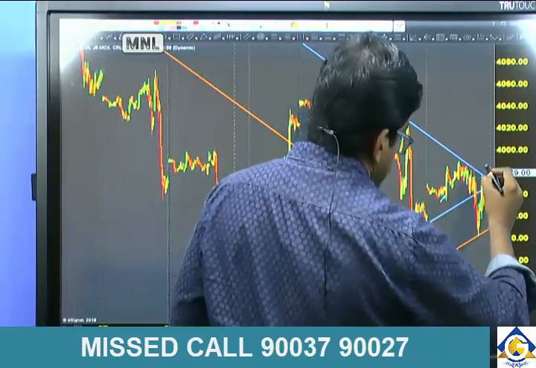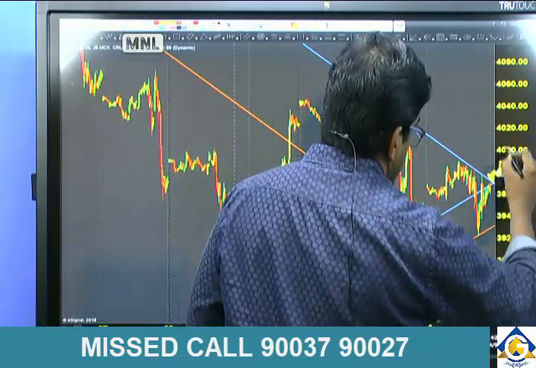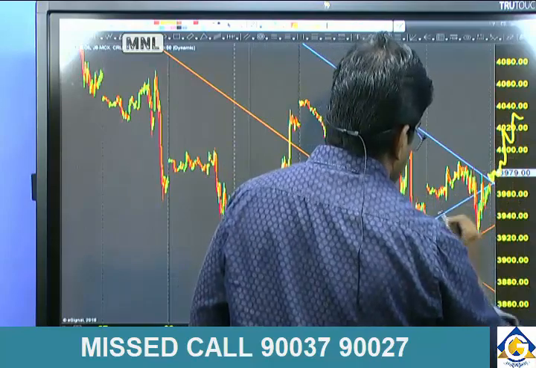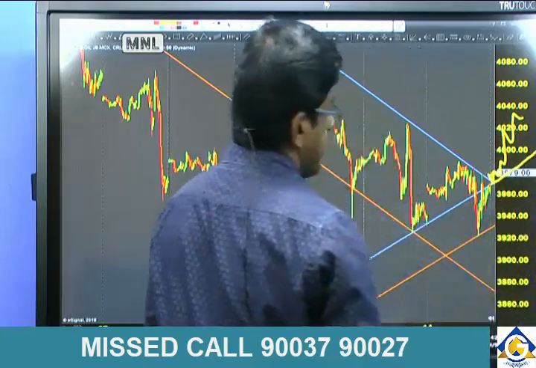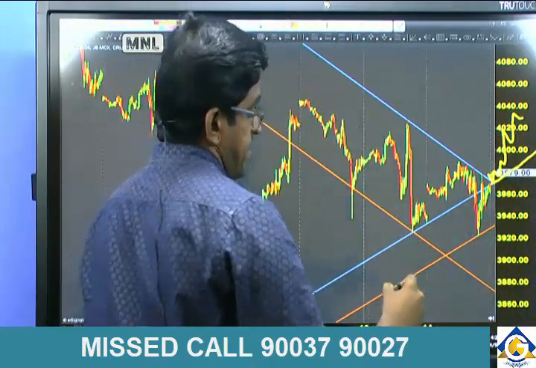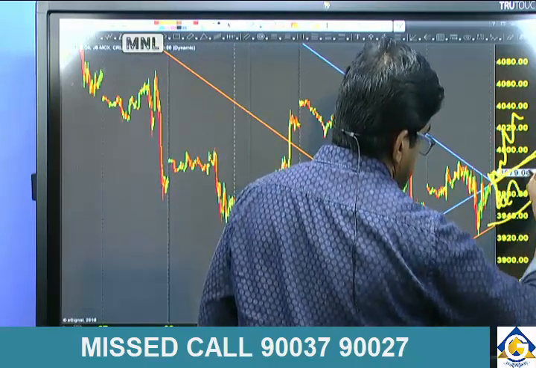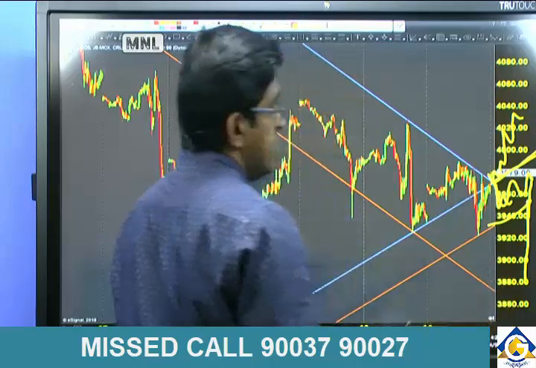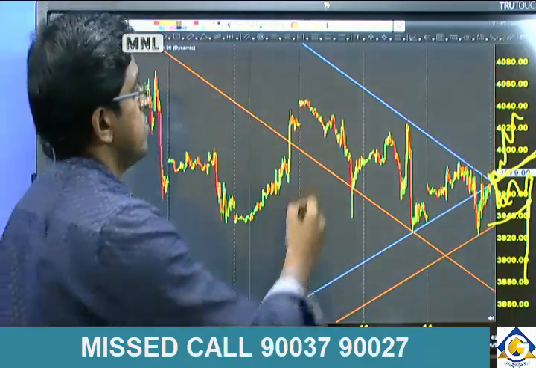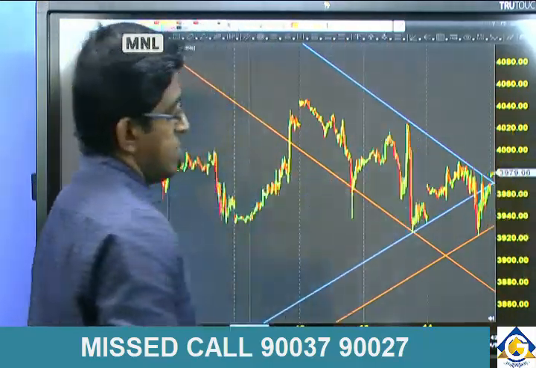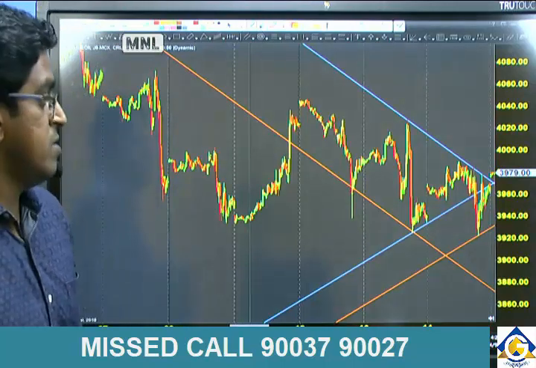If the trend is completely up, surely it will start moving following this trend line. If that is not going to happen, the price will travel within this path, or it can drop also. So the objective is trying to find the path.